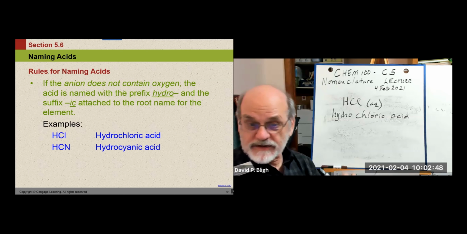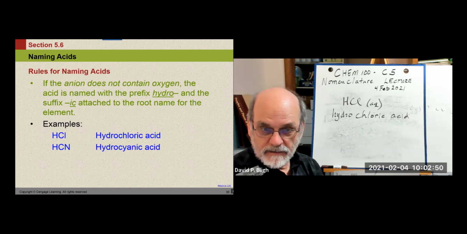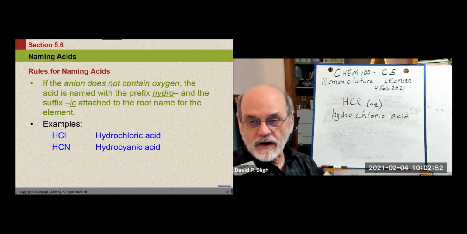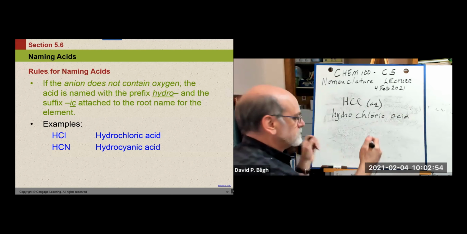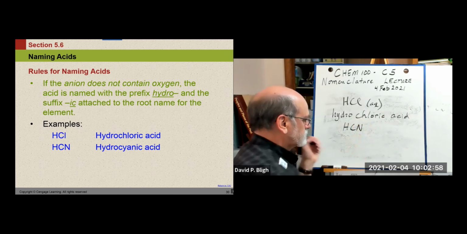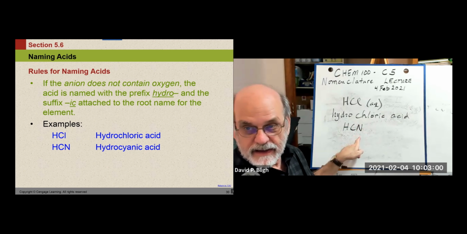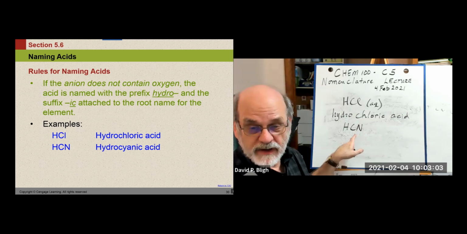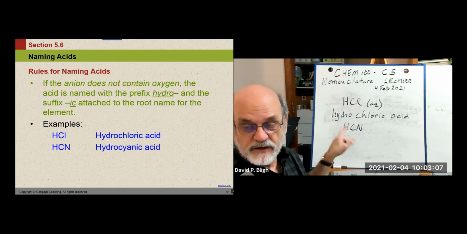The next one, HCN, involves a polyatomic ion. If it's not dissolved in water, it would be called hydrogen cyanide. Dissolve it in water.